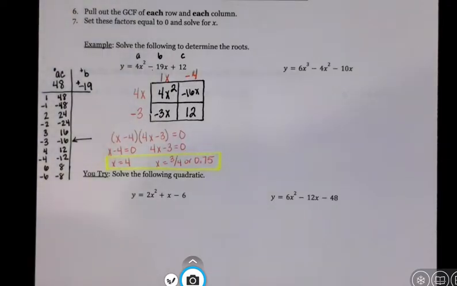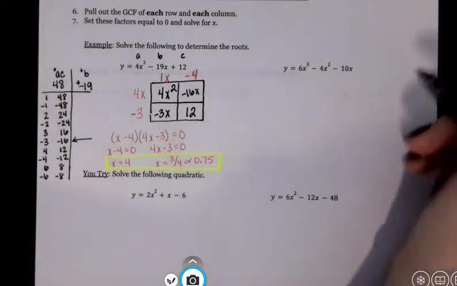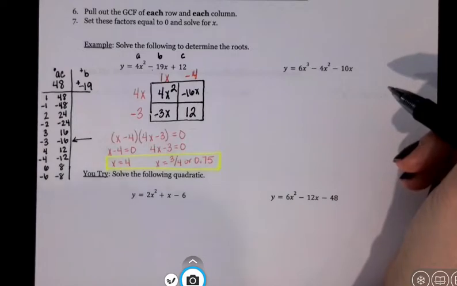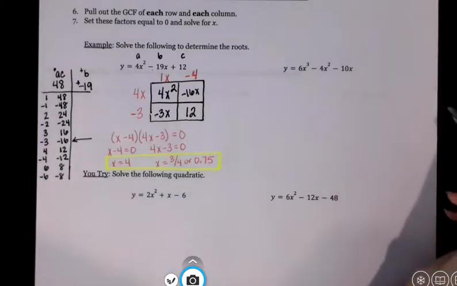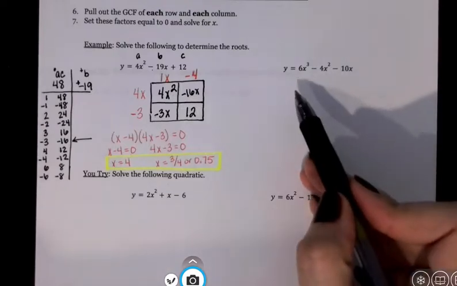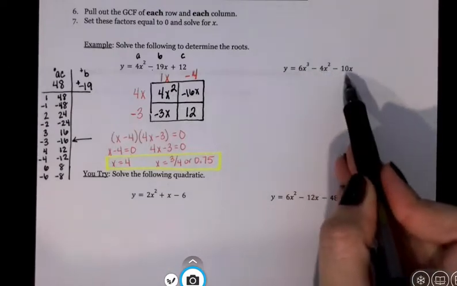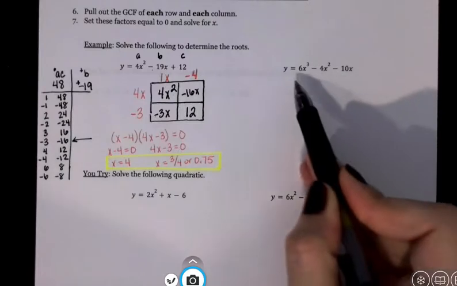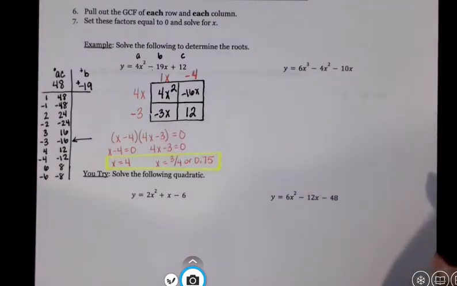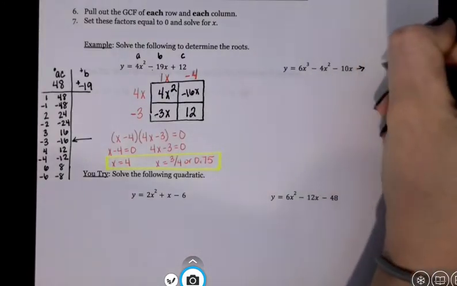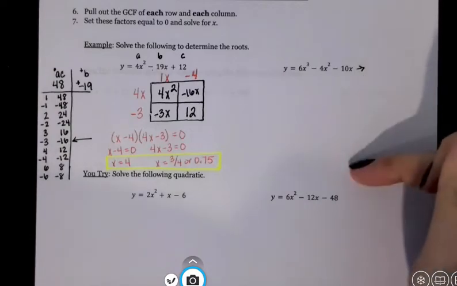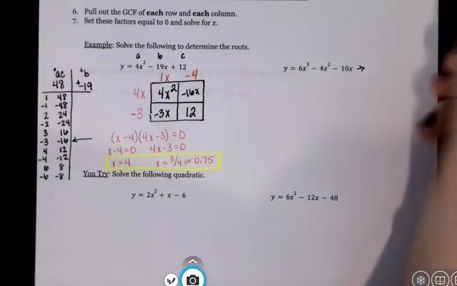All right, we're gonna try the one on the right. So for this one, again, I want to first look to see if I can factor out a GCF. I have 6, 4, and 10, and I know I can divide all those by 2. So I'm going to actually write it to the side so I have more room underneath because I kind of ran out of room here.